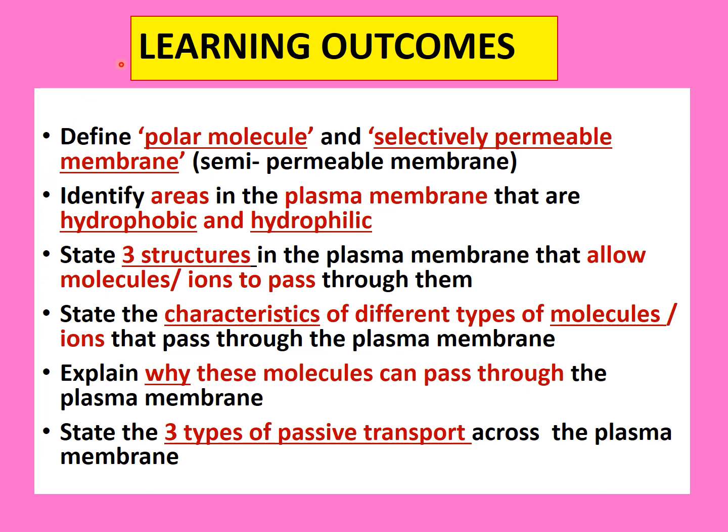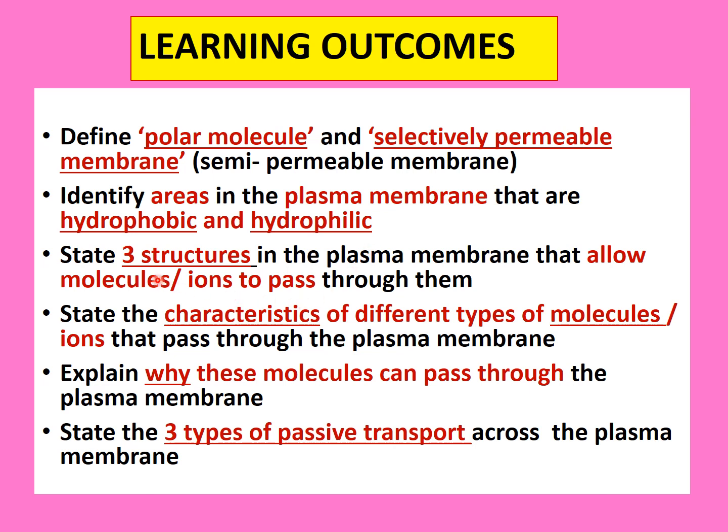Here are the learning outcomes for this video. By the end of this lesson, you should be able to define polar molecule and selectively permeable membrane, or sometimes called semi-permeable membrane. Secondly, be able to identify areas in the plasma membrane that are hydrophobic and hydrophilic.